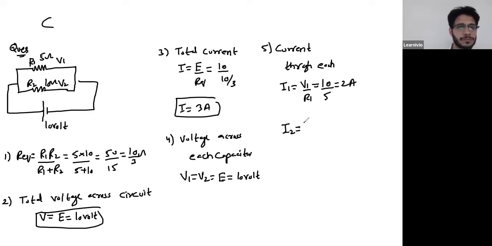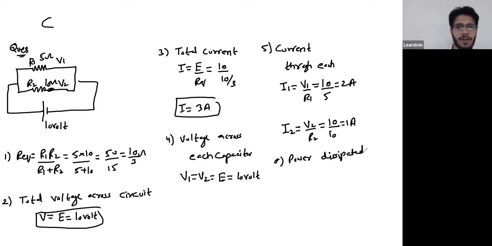V2 by R2. V2 is 10, and R2 is 10. So it's 1 ampere. Very good.